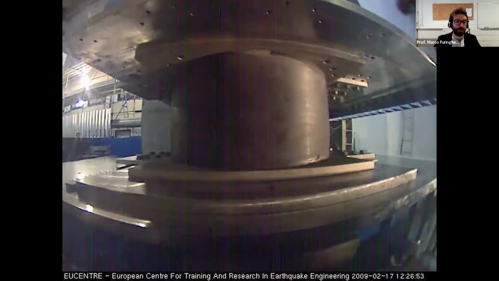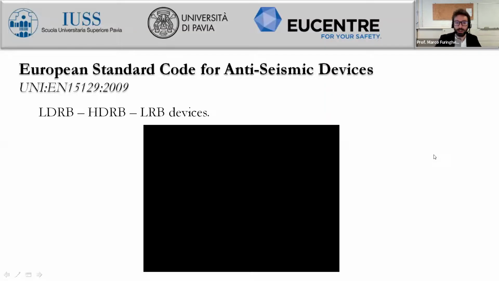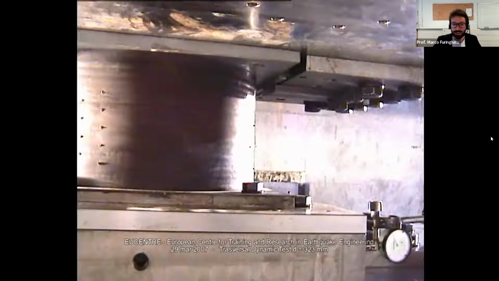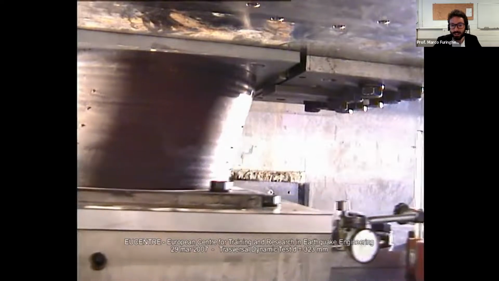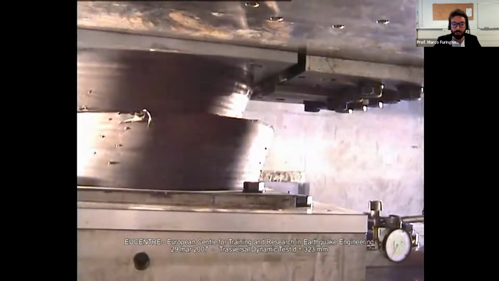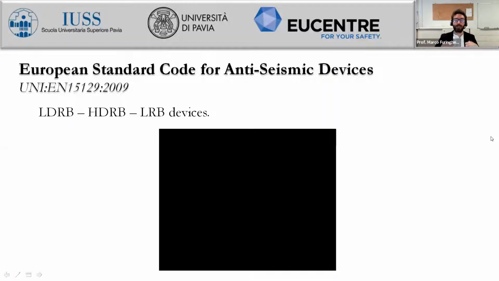The next video shows what happens when everything doesn't work. So this could be the failure of a rubber bearing, where the maximum shear strain is too much for the bearing, and so this is what happens. There is the failure of a layer, and maybe this is a failure between a rubber layer and a steel layer.